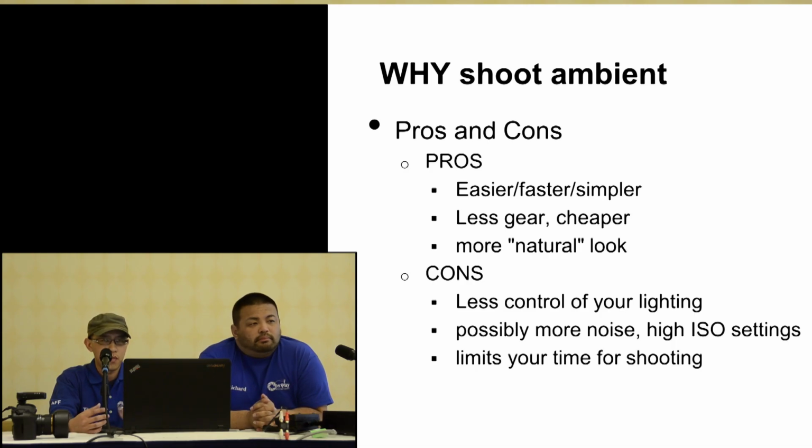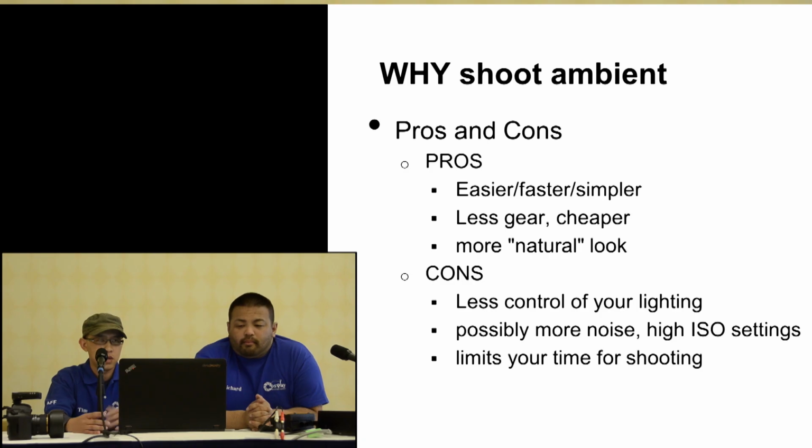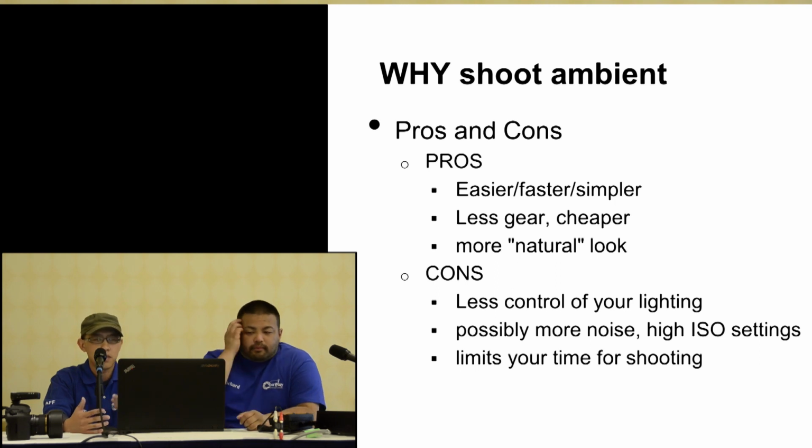But with ambient light, if you're using a desk lamp as your light source, it's not actually that bright. Even windows, most windows are tinted now, so they're still not that bright. You're still going to have to turn your ISO up. So it also limits the time that you can shoot, because if your camera can't do those high ISO settings, you're not going to be able to shoot at night, basically.